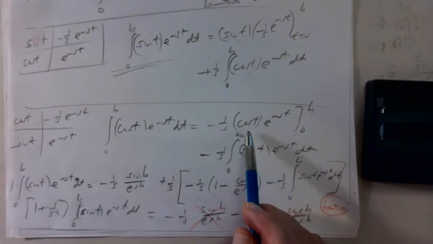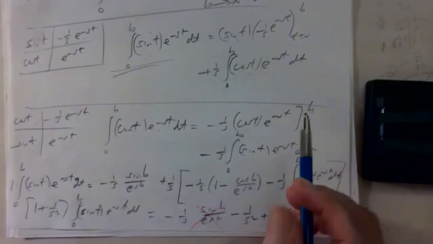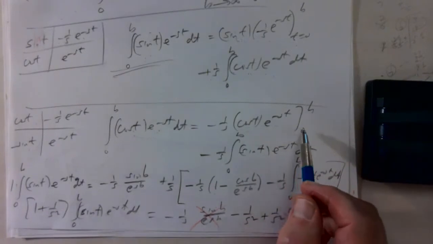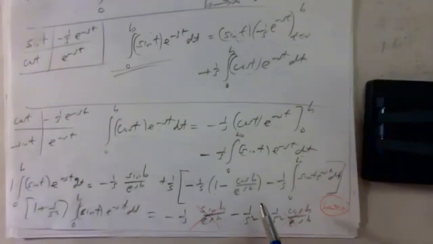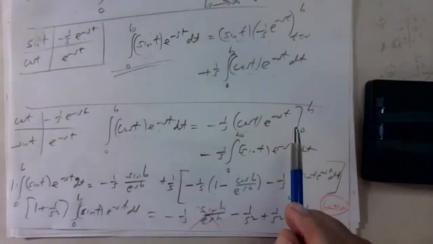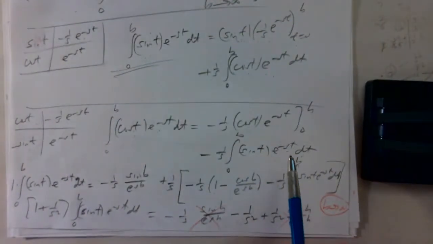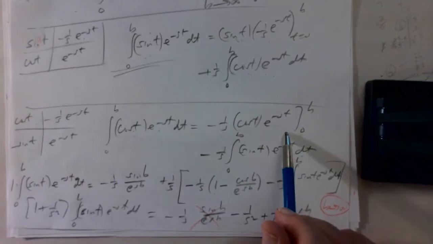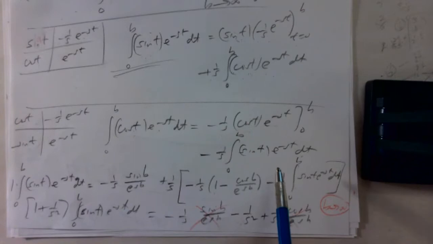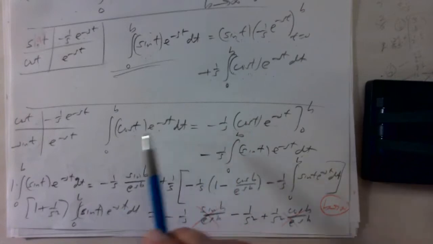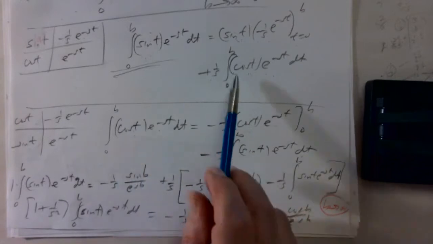And when I evaluate this piece, when t is equal to b, I get... where did I plug that in? Well, I think the next step, I just took this and I plugged it into this.